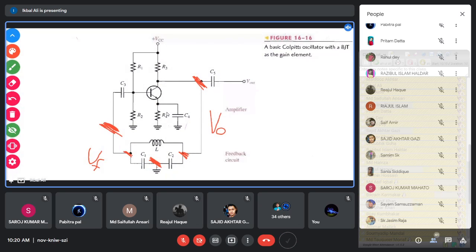Across C1, the entire feedback voltage is developed. Or you can say that whatever voltage is generated across C1 with respect to ground is fed back to the input side of the amplifier. So this is the way the output voltage and feedback voltage develop across C2 and C1.